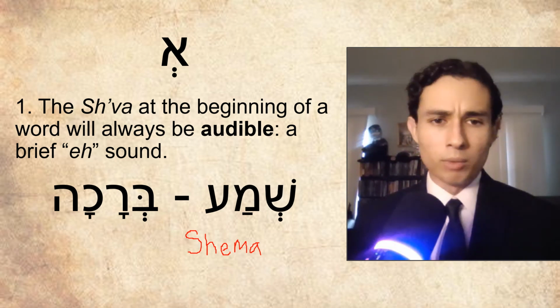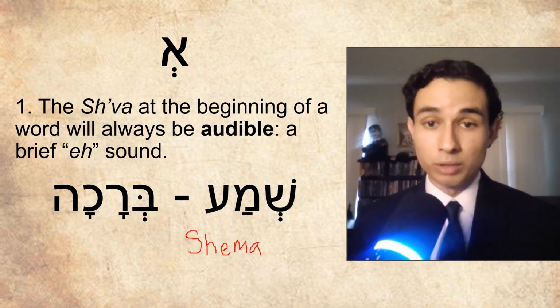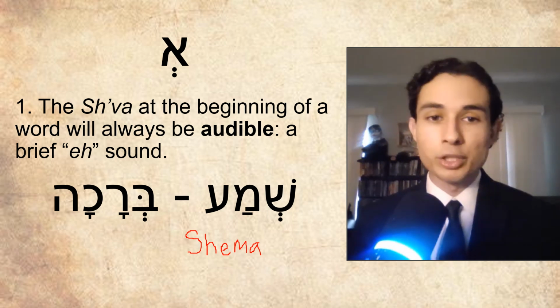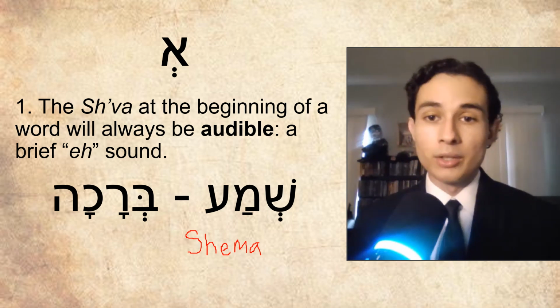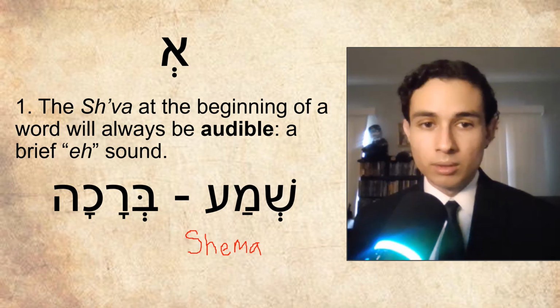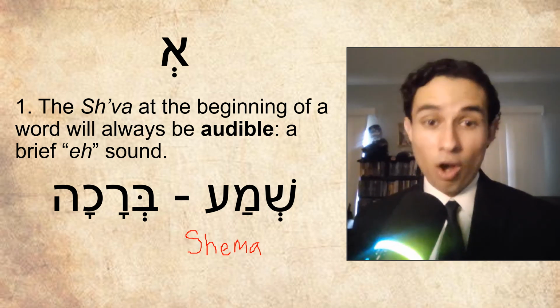So you might wonder, isn't it translated as Shema? That is the popular transliteration because each time the shvana or the audible shva is transliterated, some people use the English letter E. However, some people choose not to transliterate the shva at all.